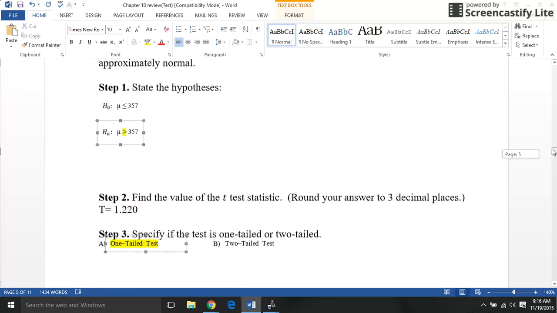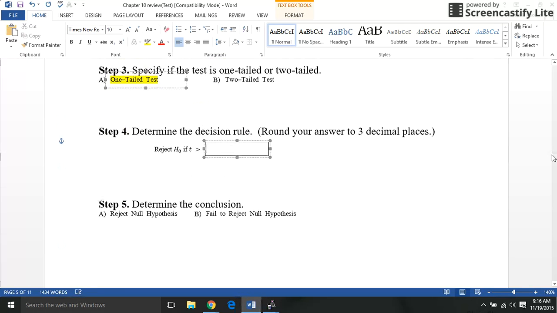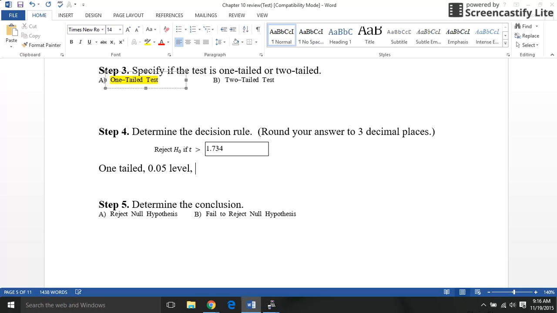So if I go back up here, I know that my sample size is 19, but I subtract 1 from it to get N minus 1. So I go down here, and I know my value for that would be 1.734 because it's a one-tailed test, it's 0.05 level, and degrees of freedom equals N minus 1 equals 18.